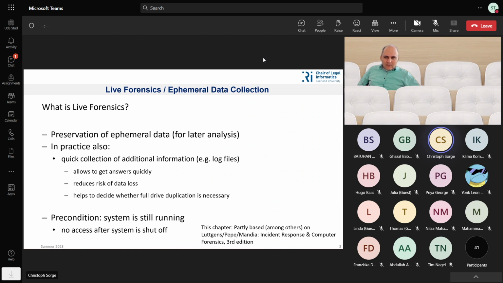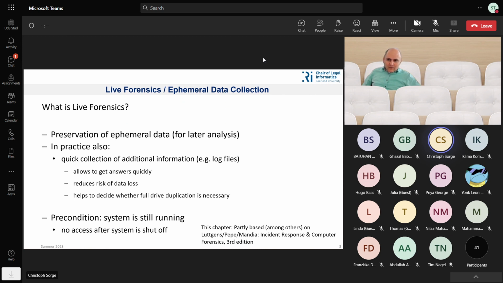So this chapter deals with ephemeral data collection, or we could also say live forensics, because live forensics is performed on systems that are still running, where you can access that ephemeral data. Live forensics might also go a bit further, because you need it to preserve ephemeral data, which you cannot do after shutting the system down.